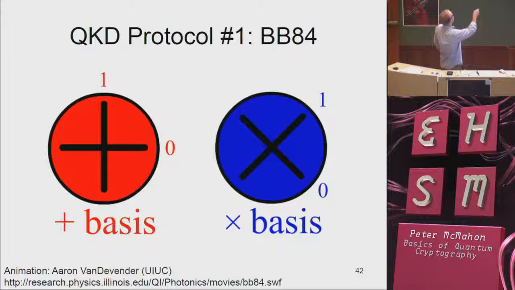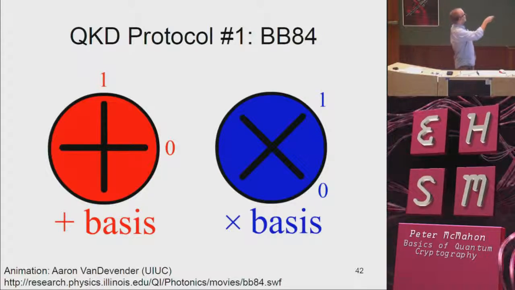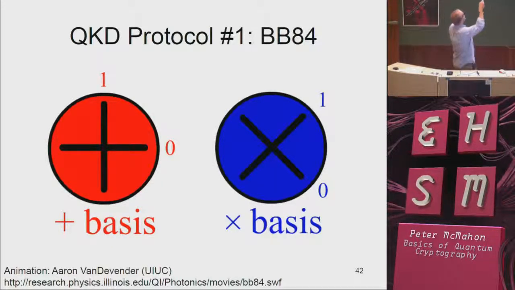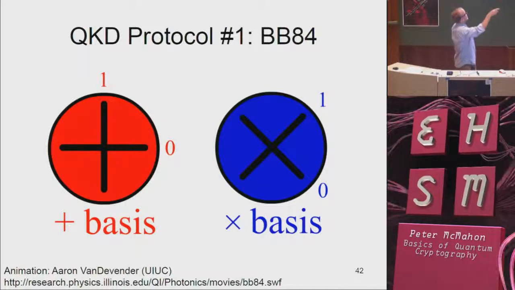So that's the one that's designated as the plus here for V and H. And then there's this diagonal and anti-diagonal basis where you see these diagonal and anti-diagonal lines. And in the notation here, basically, the horizontal polarization is a 0, and the vertical polarization is a 1, and the diagonal polarization is a 1, and the anti-diagonal polarization is a 0.